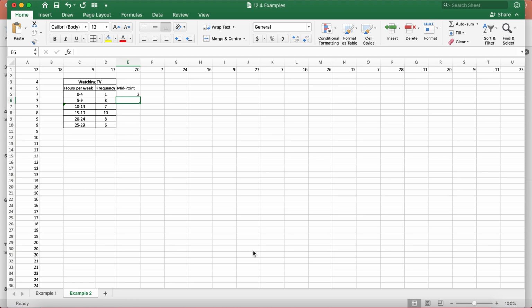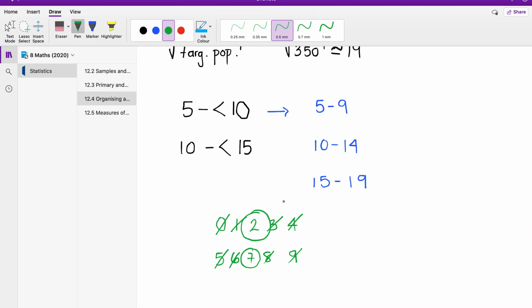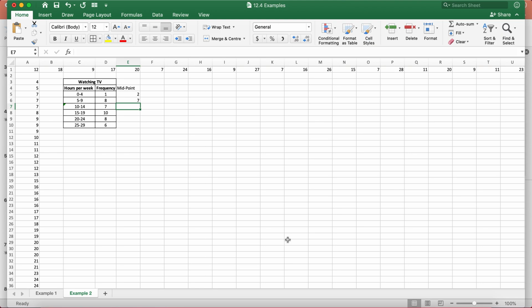The other way that you can do that is you can take the average of the first one and the second one. So if you do 0 plus 4 divided by 2, you get 2. If you go 5 plus 9 is 14 divided by 2, 7. Agree?